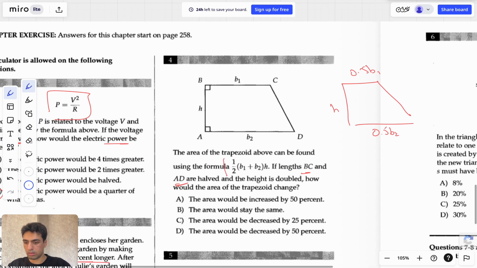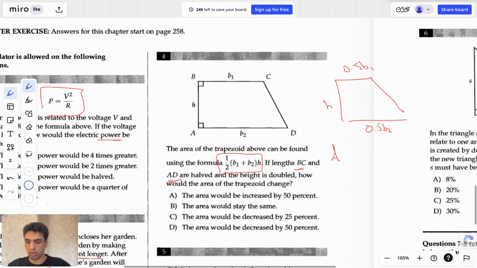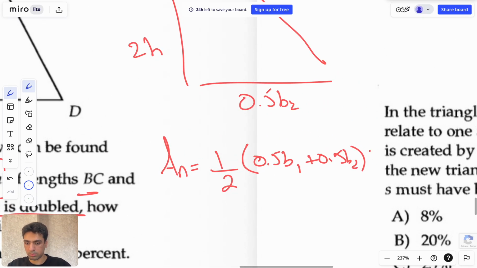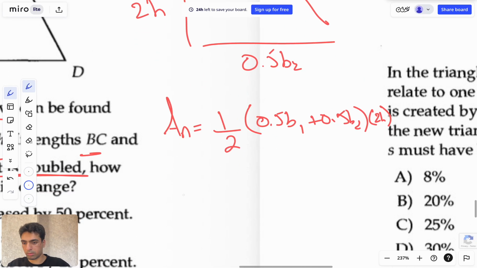Now that's the area for the original. The new one is going to be 1 over 2, 0.5 B1. Sorry, the height is doubled, so it's going to be 2h. So 0.5 B1 plus 0.5 B2 multiplied by 2h. Now if you solve for this, we get 1 over 2.